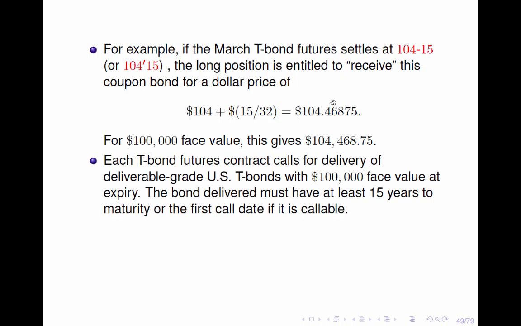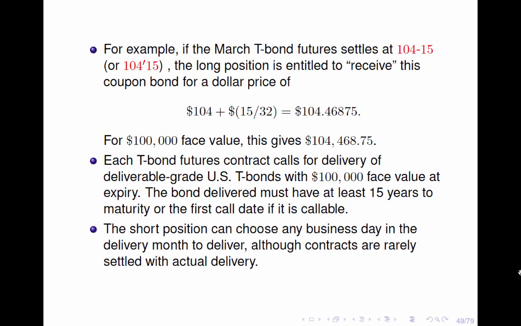For $100,000 face value, this gives $104,468.75. Each T-bond futures contract calls for delivery of deliverable-grade U.S. T-bonds with $100,000 face value at expiry. The bond delivered must have at least 15 years to maturity or the first call date if it is callable.